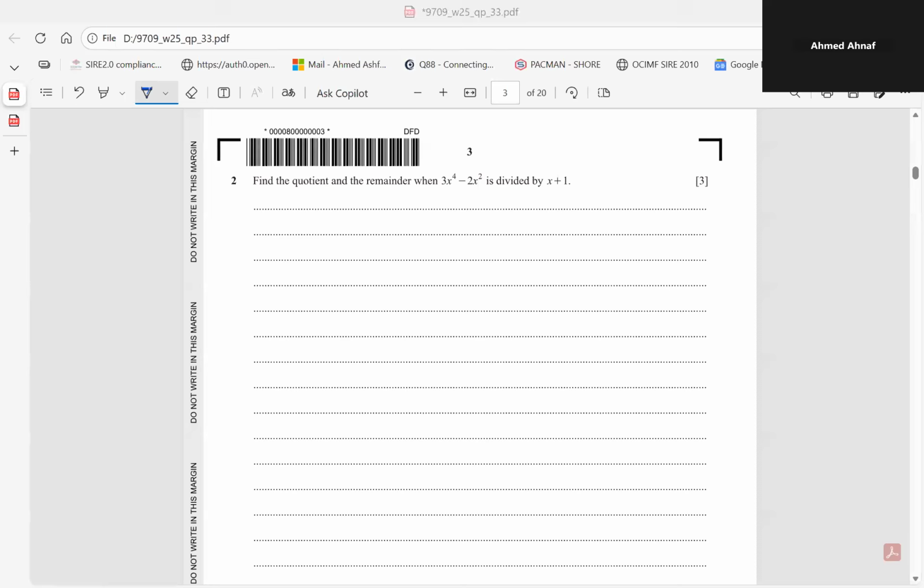For this question, we need to find the quotient and the remainder when this polynomial is divided by x plus 1. This is a very basic polynomial division question. First things first, to start off any polynomial division, you write your expression that you're dividing, with all the terms.